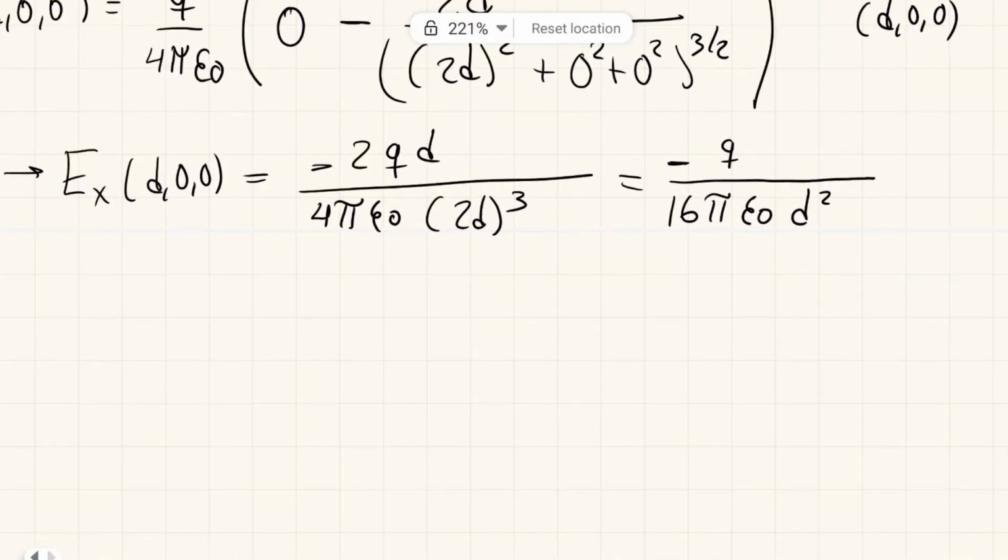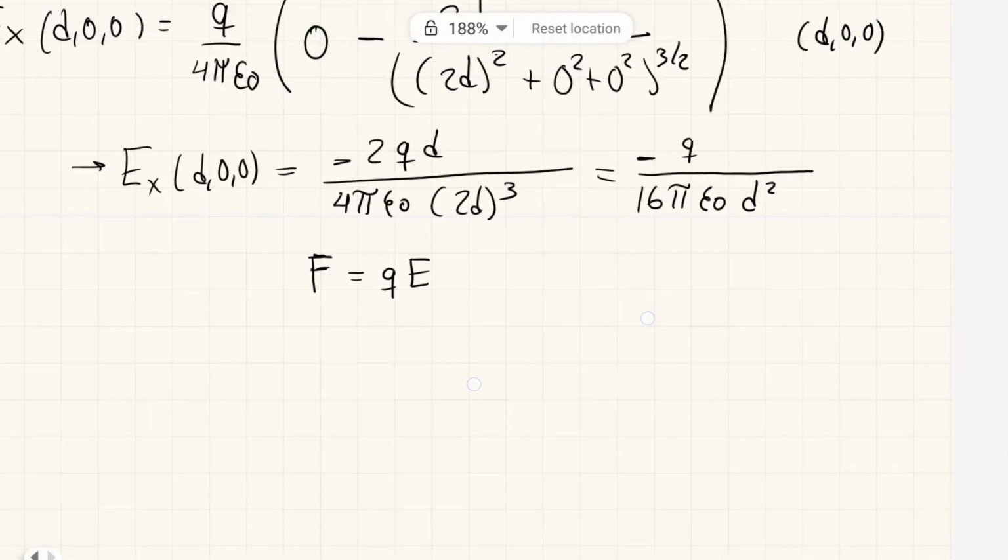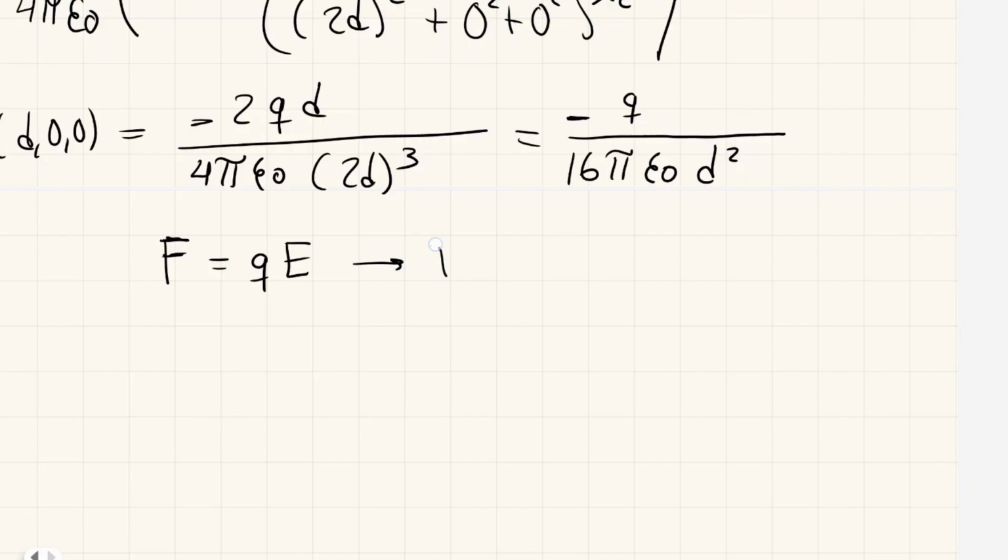Remember that we can easily calculate the force on a charge q that is under the influence of an electric field E as the charge q times the electric field. So that means that the force on q is going to be negative q squared divided by 16 pi epsilon 0 d squared.